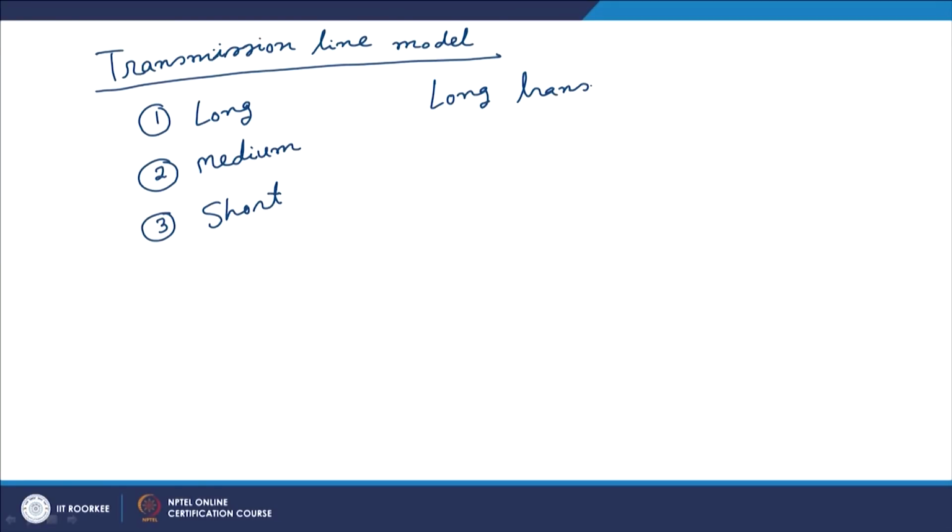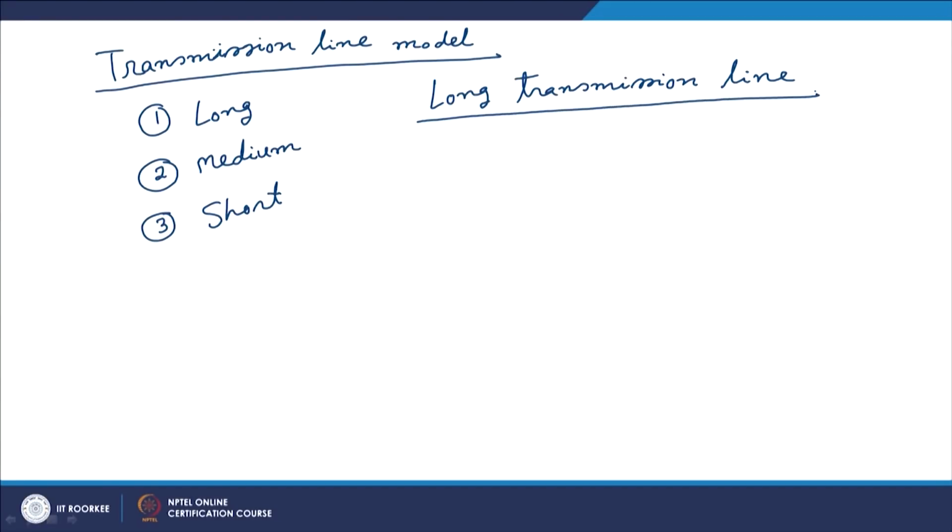So, in this course we would be primarily concentrating on the model of the long as well as the medium length transmission line, but of course, we would also be covering the model of the short transmission line. So, first let us talk about the long transmission line.